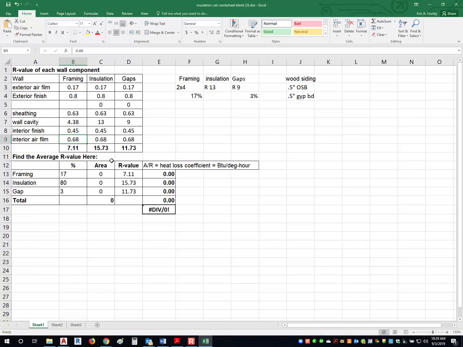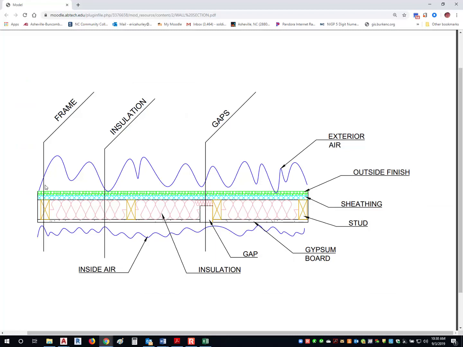All right, at this point, this column is added up and put into this bottom column here. So this is the sum of everything above it. This is the sum of the insulation. This is the sum of the gaps. So looking at this R value here, 7.11, if we shot a line right through here with a thermal imaging camera, then we can determine that this is going to have a 7.11 R value.